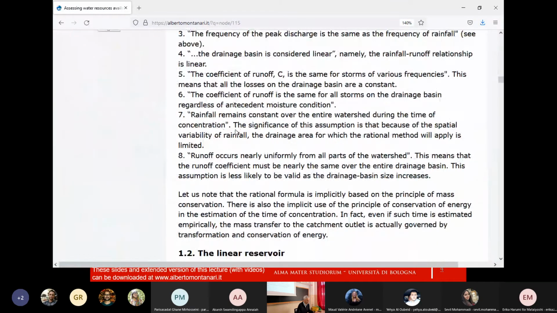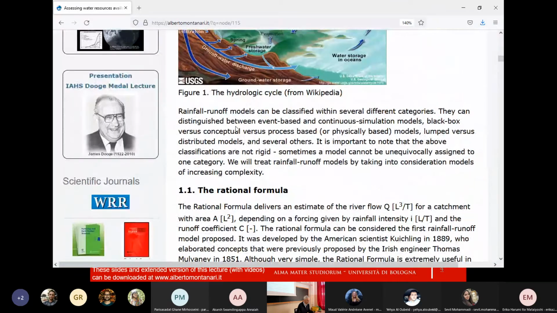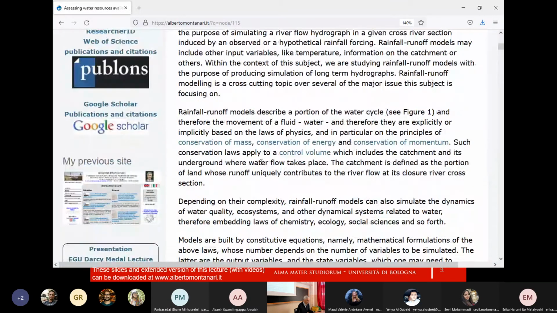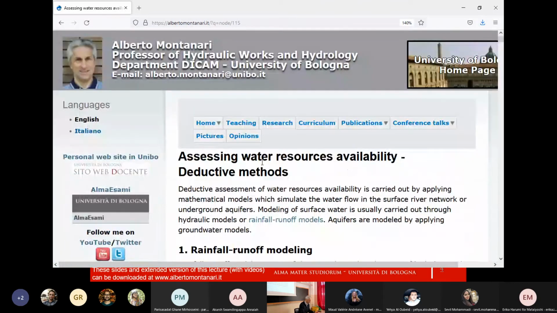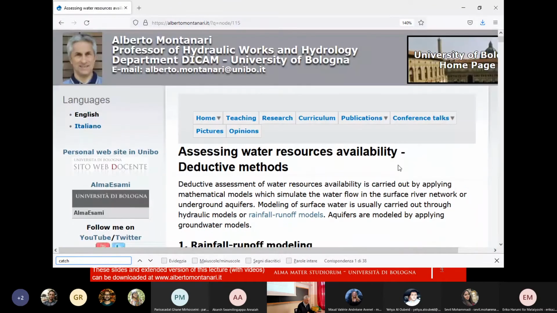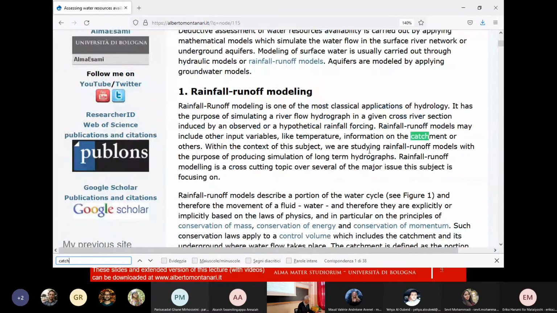Let me search for the word catchment. Okay, there is an instance of catchment here. Let me see if there is another one.